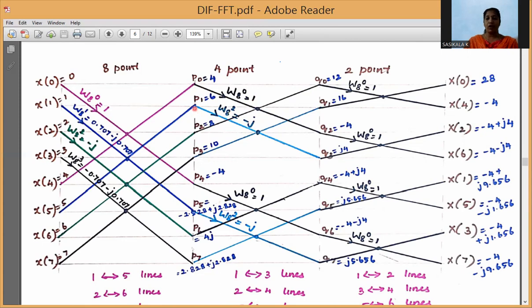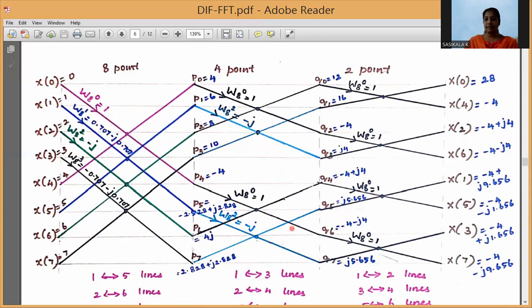For the second butterfly, the second and fourth line is connected. Again, the second and fourth line is connected. Put a dot at the intersection point and write the twiddle factor W8 power 2, which is minus j. So this is the 4 point DIF.